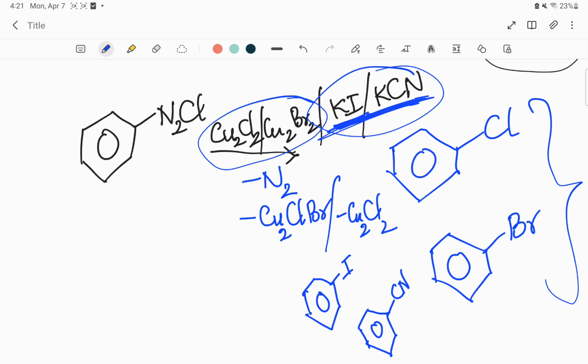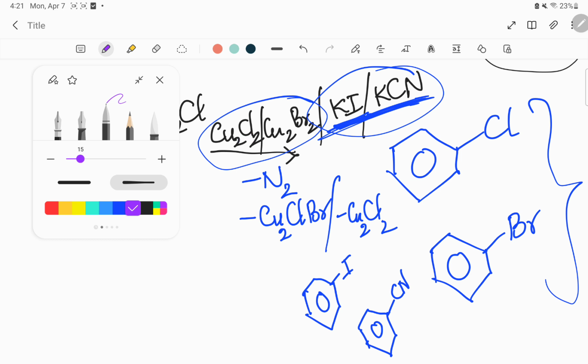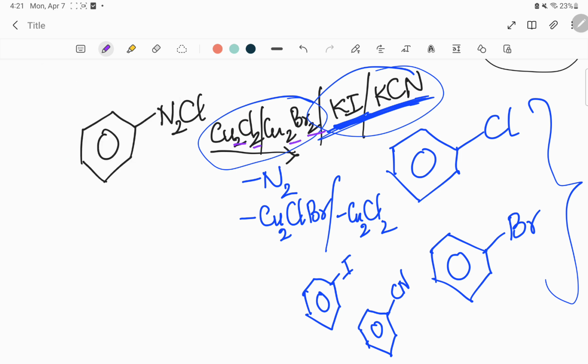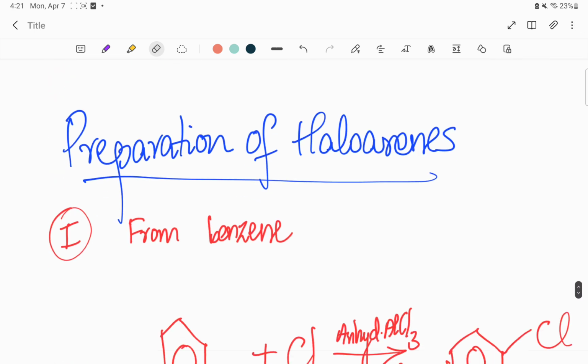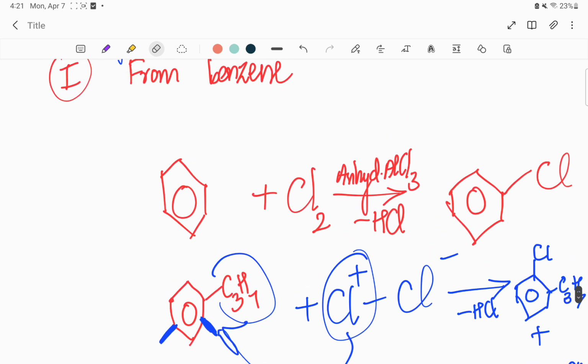Now again here, I am writing Cu2Cl2 and Cu2Br2 because these are dimers. Actually, cuprous halide should be CuCl or CuBr, but in the dimer form, it will be Cu2X2. And another thing which I forgot to mention under the first method, that is from arenes.